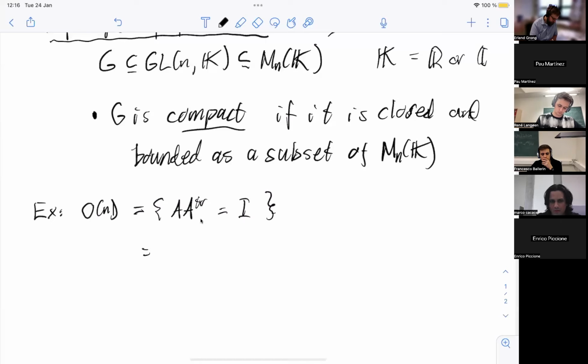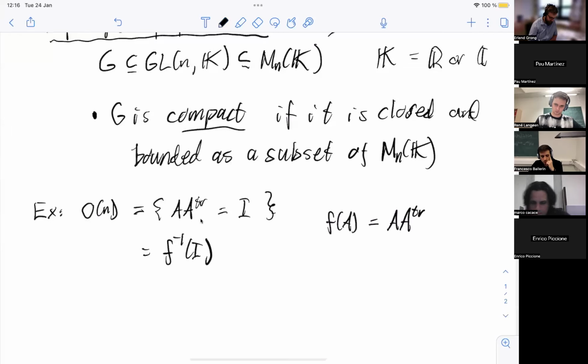We can see that as the level set F inverse of I, where F was the map from matrices that took a matrix A and mapped it to A times A transposed, and this is continuous because it's a polynomial.